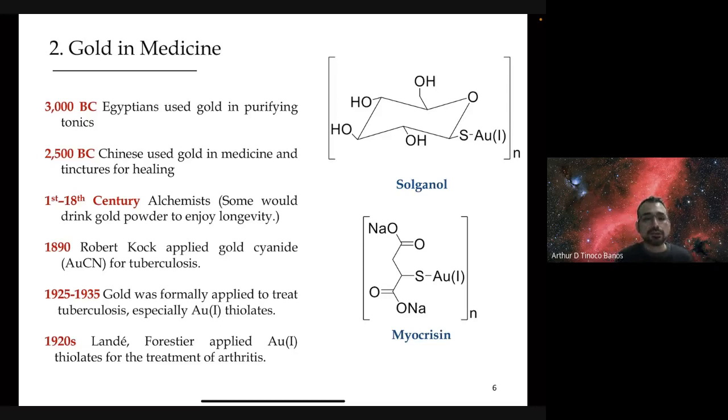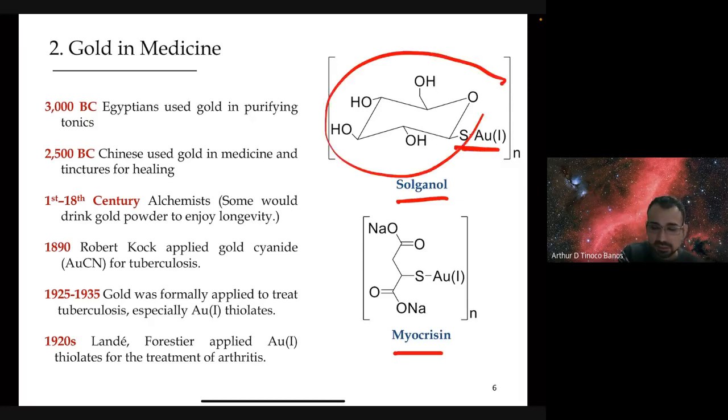And so here we have a representation of compounds, sanocrysin and myocrisin, that shows the interaction of gold with thiol groups of these particular molecules. This is actually a sugar molecule, and that becomes really important in our discussion in a moment.